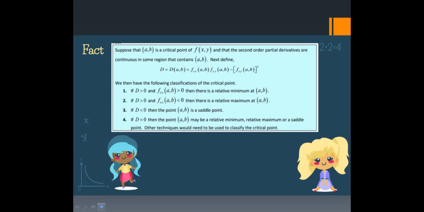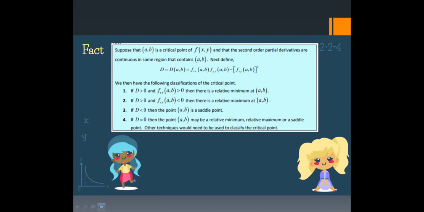To determine if a critical point is a relative extrema, and in fact to determine if it is a minimum or a maximum, we can also use this fact. Suppose that (a, b) is a critical point of the function f of x, y, and that the second order partial derivatives are continuous in some region that contains the critical point (a, b).